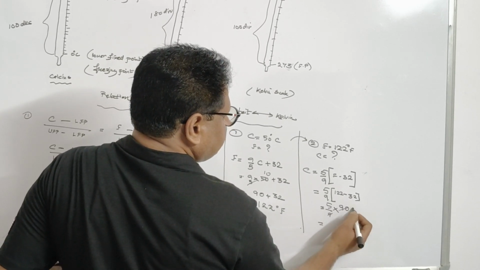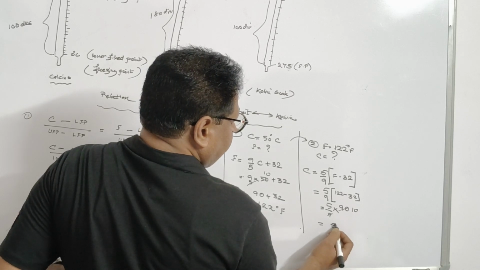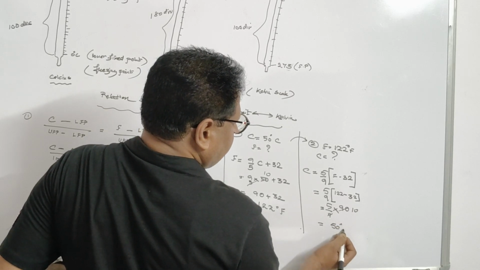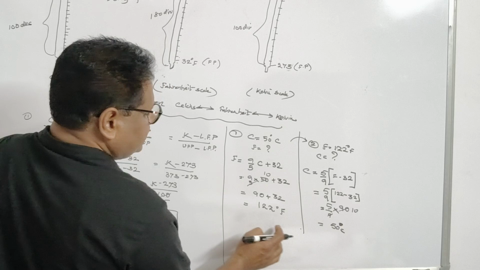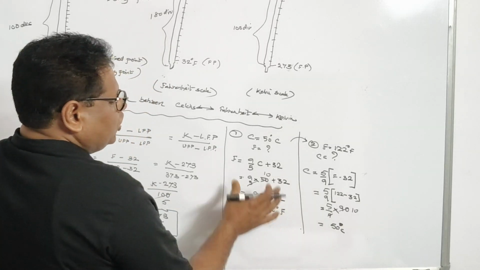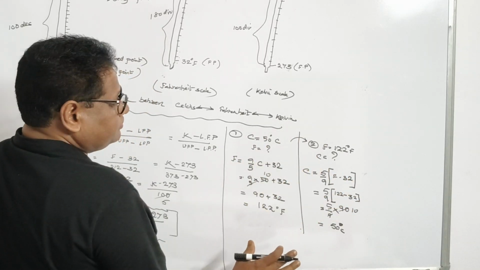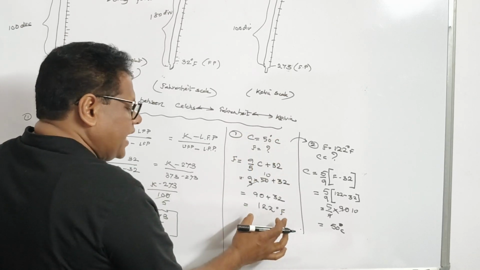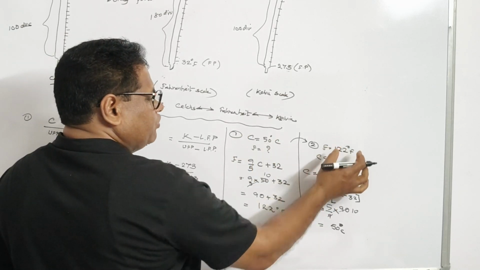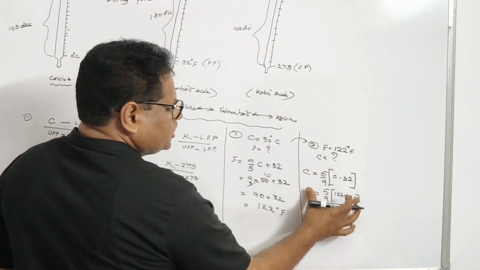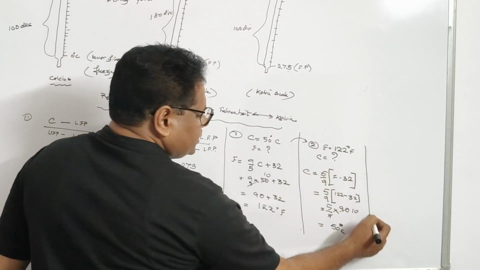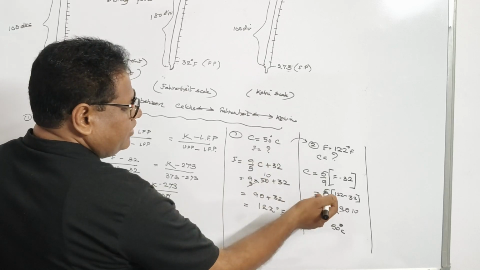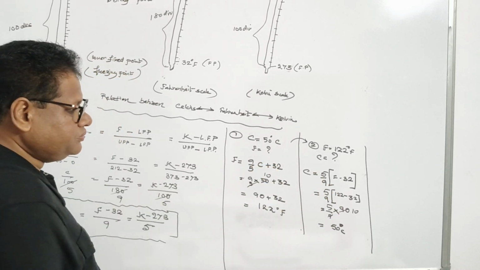So 9 cancels this 10 times, so we have 50 degrees Celsius. This conversion is absolutely opposite of this numerical. Having known Celsius, you found the Fahrenheit, that came 122, and if Fahrenheit temperature is 122, you want to find Celsius, you use this particular relation. So this is the conversion from Celsius to Fahrenheit, Fahrenheit to Celsius.